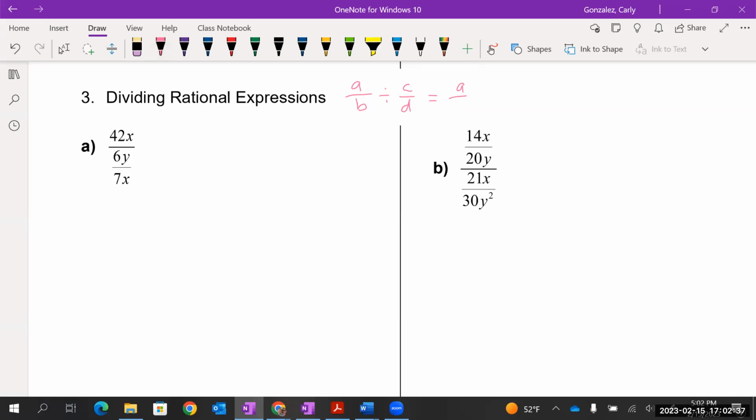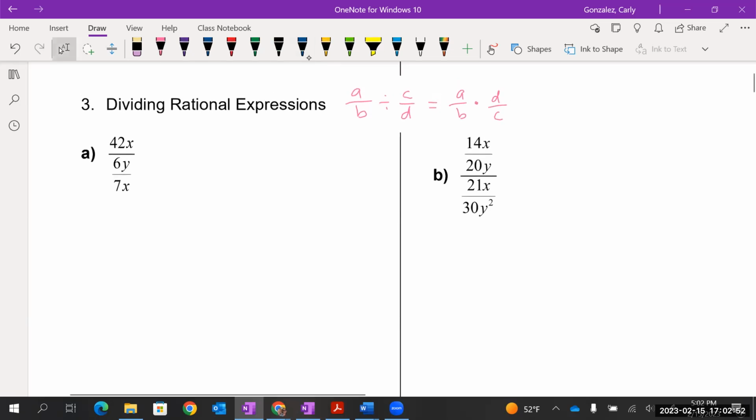That first fraction will stay the same, but we will multiply by the reciprocal of the second fraction. So we will flip c over d to get d over c. Again, if we can, we will reduce first. If not, or it's an option to always then multiply straight across. So now we'll get ad over bc.